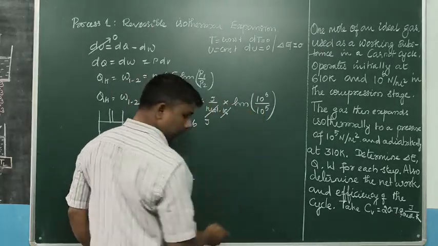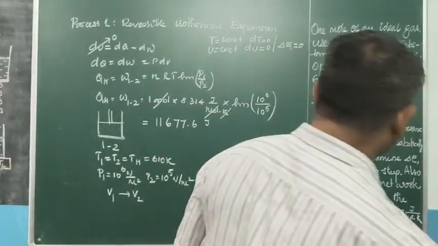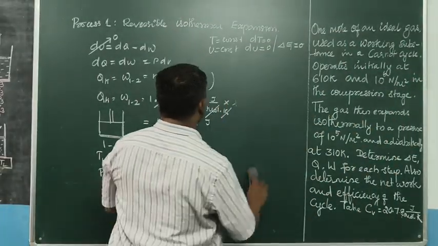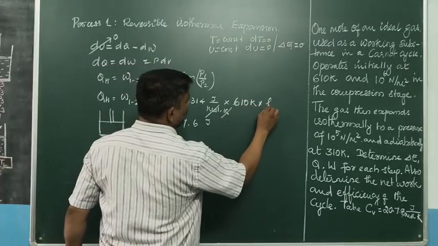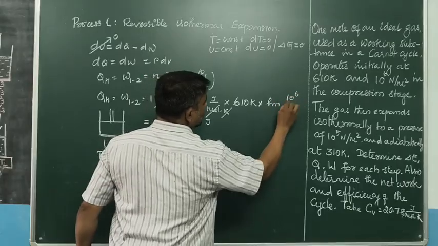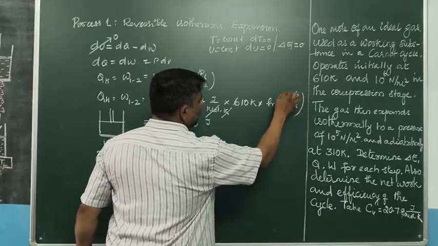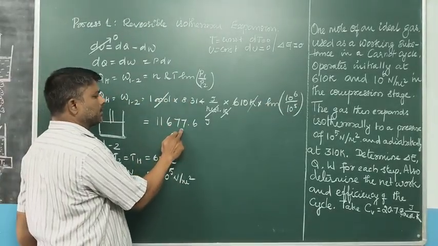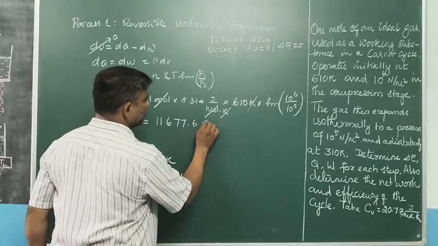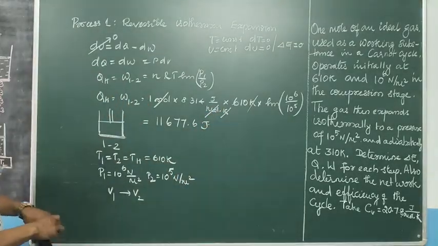Temperature into 610 degree Kelvin into ln 10 to the power of 6 divided by 10 to the power of 5. So Kelvin gets cancelled. The answer becomes 11,677.6 joules. Clear?